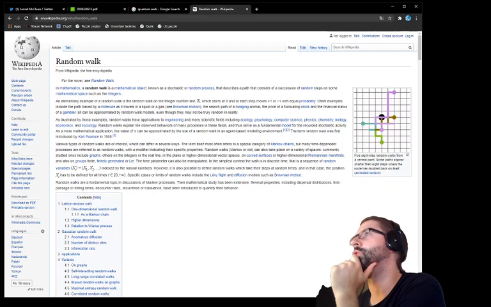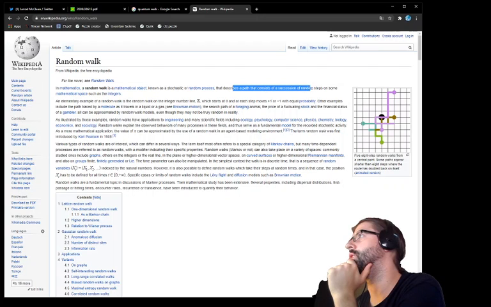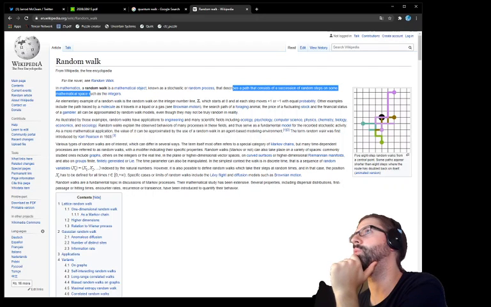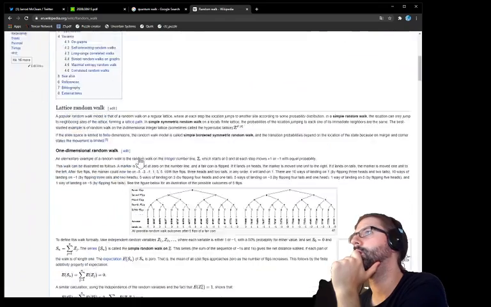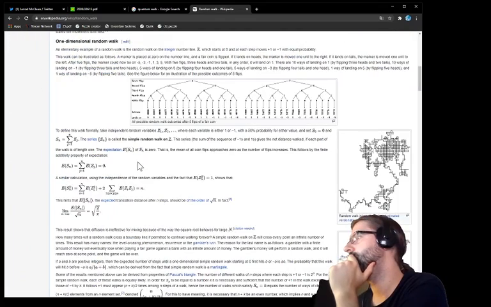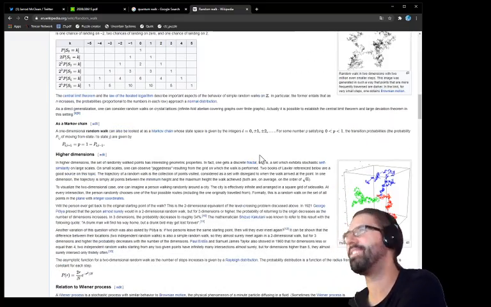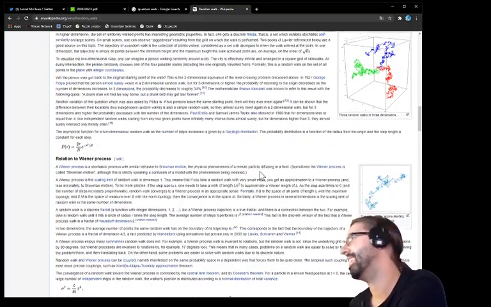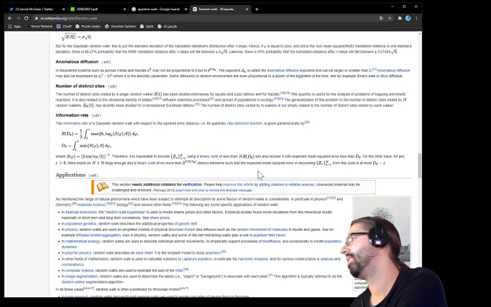A random walk is a mathematical object known as a stochastic or random process that describes a path that consists of a succession of random steps in some mathematical space. Okay. It's literally a random walk. Random walk algorithm.